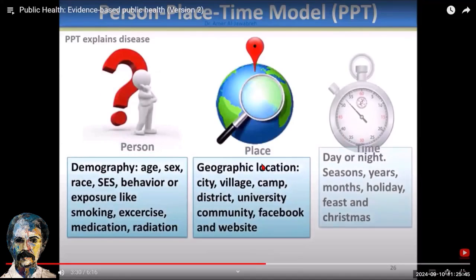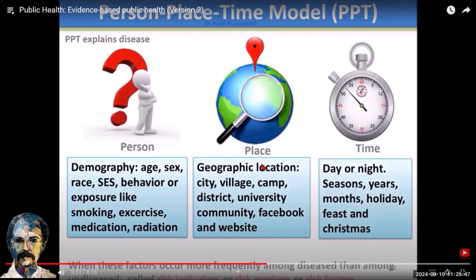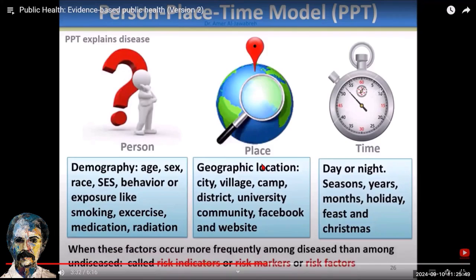We explained this before, but never mind to repeat it. Person: demography, the age, the sex, the race, all of these affect the disease. Diseases are in women, in men, in the elderly, in the young, in babies. In race, some diseases are in Jews, some in Armenians, some in Arabs.